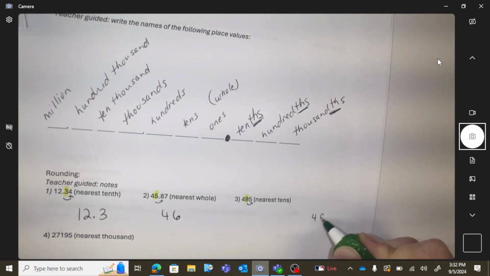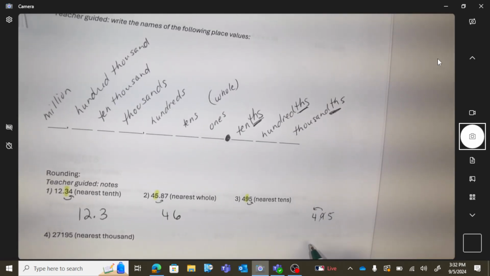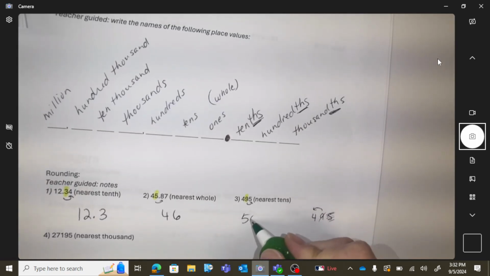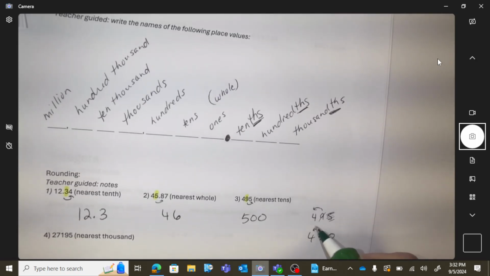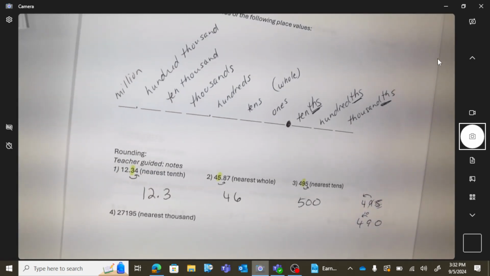So if we have to move up 10, we actually have to go into that spot. Okay, so we don't want this one anymore. So 500. Okay, so it'd be like 490, and then moving up. So moving up to a spot. Okay, and then 1,000.